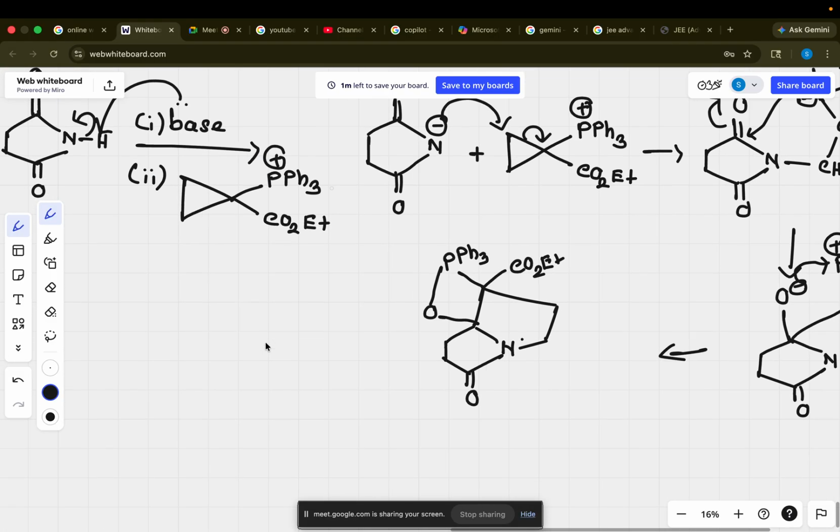So this is basically a Wittig reaction type. Then this carbon oxygen bond will break and this carbon phosphorus bond will also break. So the Wittig reaction is happening here, and ultimately what you are getting is, here you have double bond O, 1 2 3 4 5, here you have a double bond, and this side you have CO2Et.